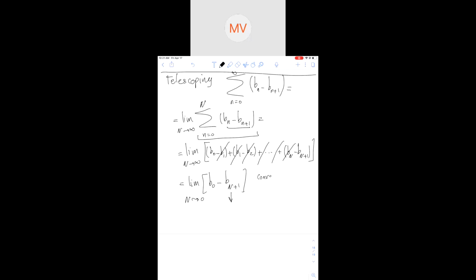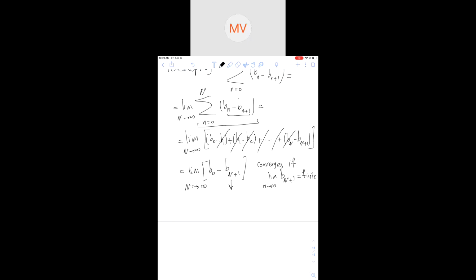So this converges if the limit of b_(n+1) as n goes to infinity is finite. It doesn't have to be 0. As long as it's finite, it's fine. Then it converges.